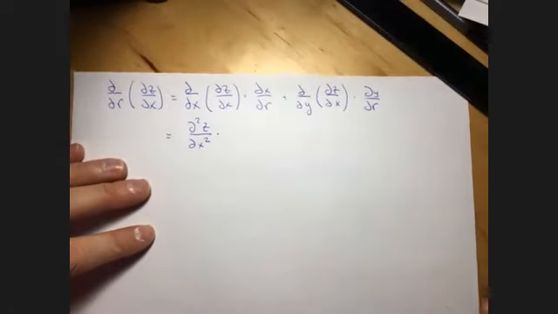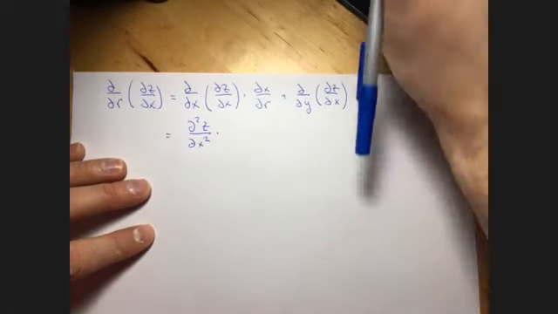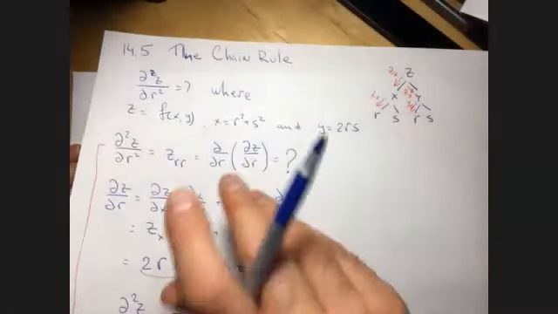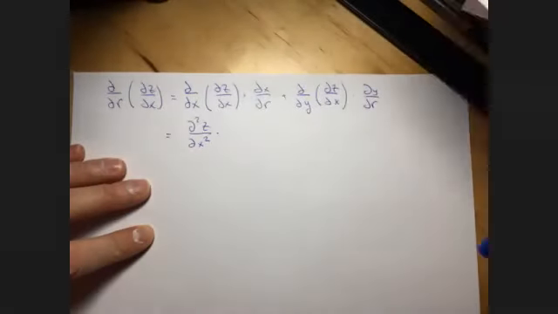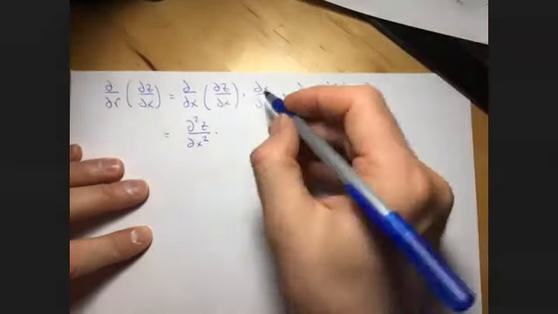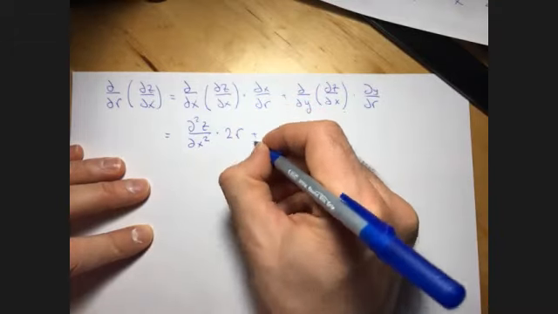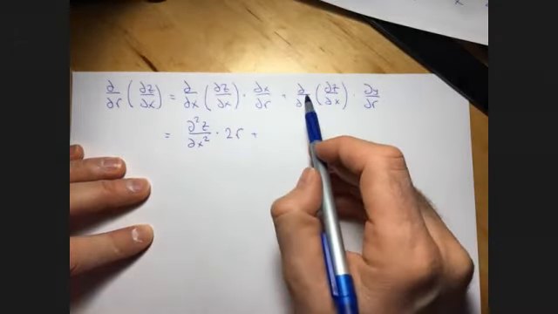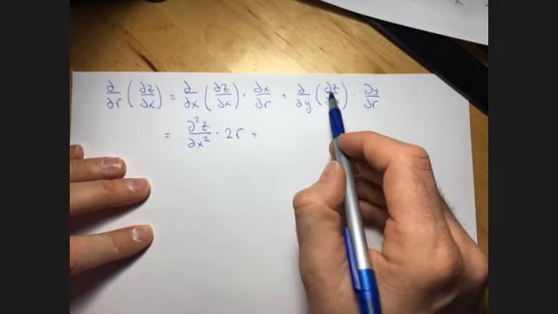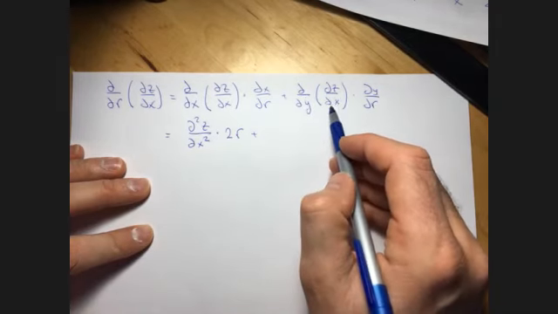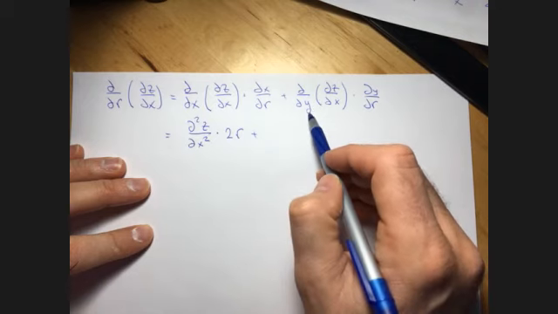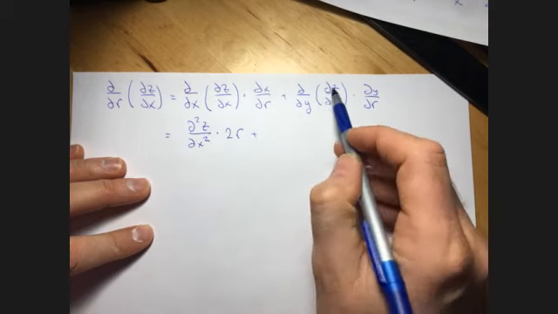Now I even forgot how much that was. x was r squared plus s squared, right? So partial x partial r is 2r plus, now I'm looking for the partial derivative with respect to y of partial z partial x.